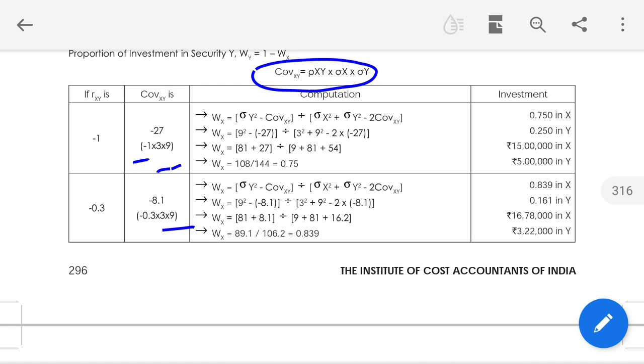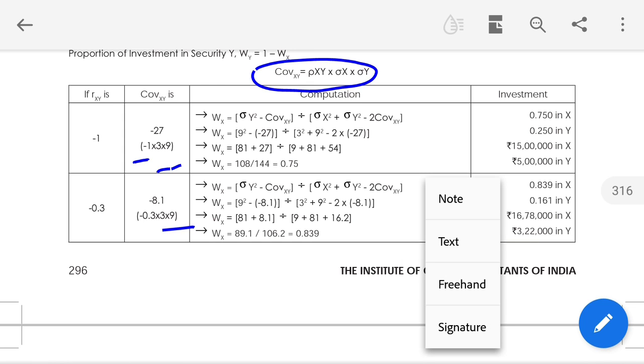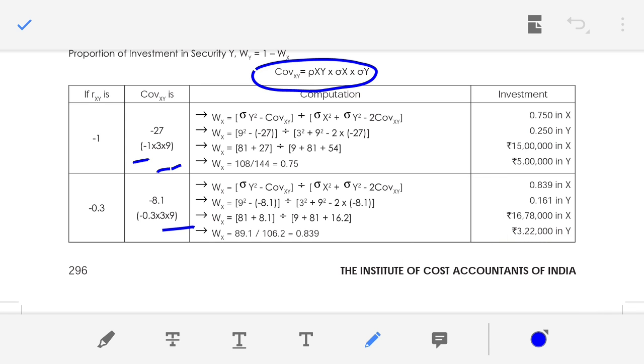When we simplify, 81 plus 27 divided by 9 plus 81 plus 54, that becomes 108 divided by 144.